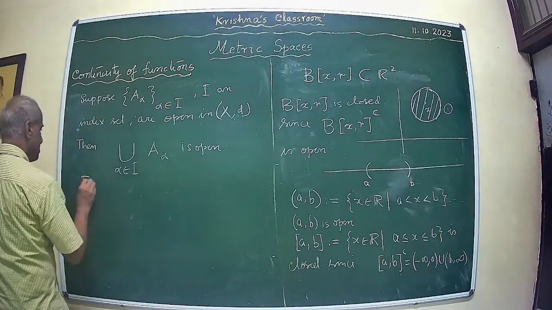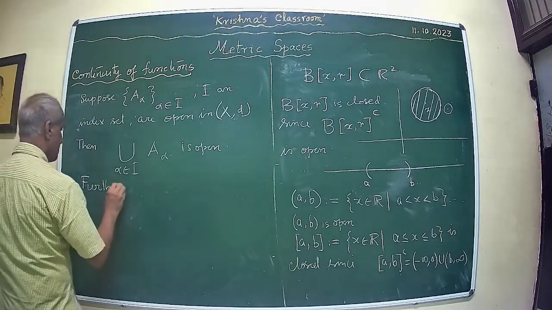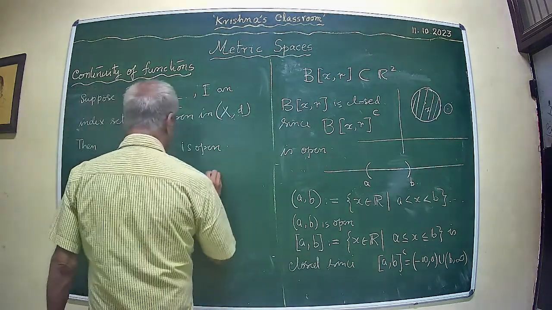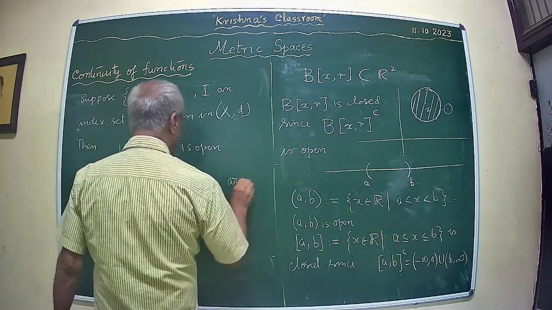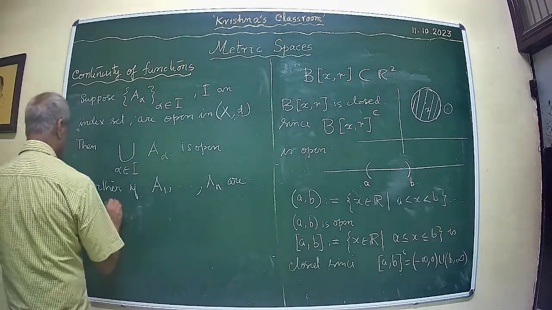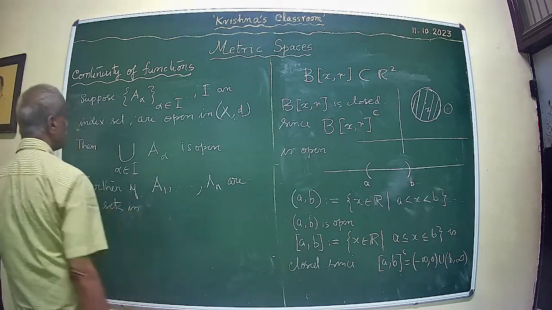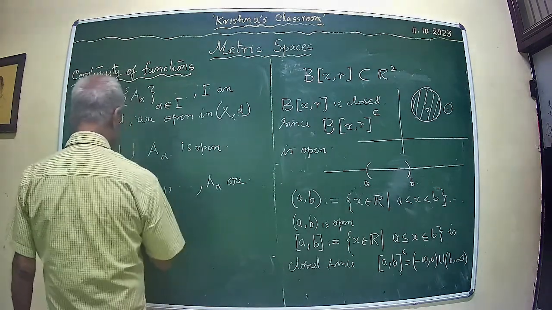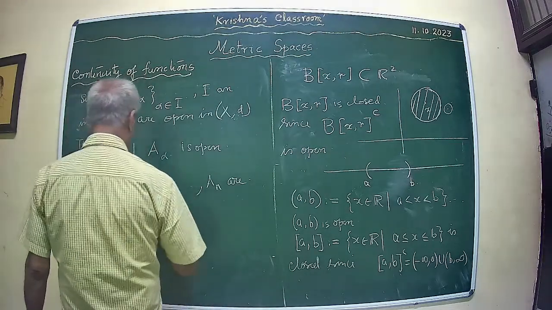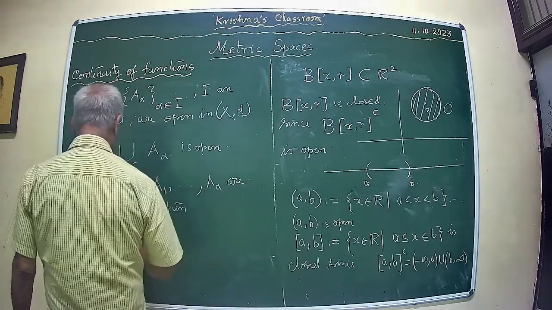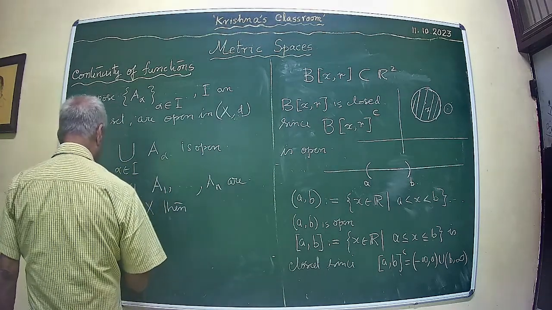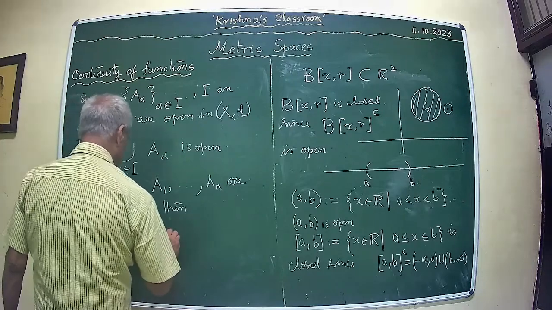Further, if A1, ..., An are open sets in X, then the intersection of A_i, i running from 1 to n, is open.